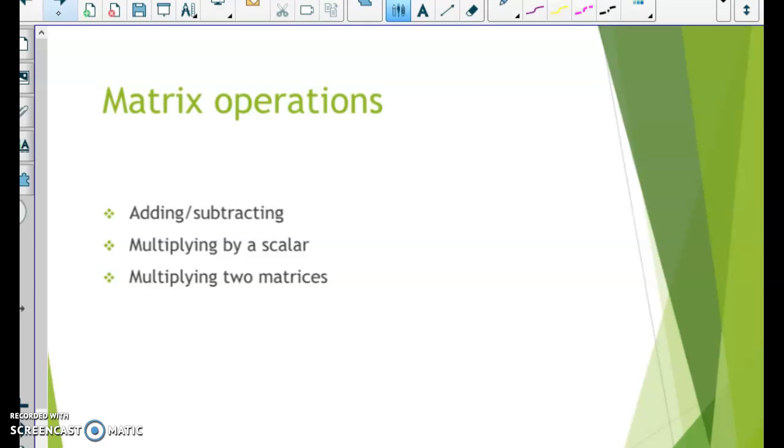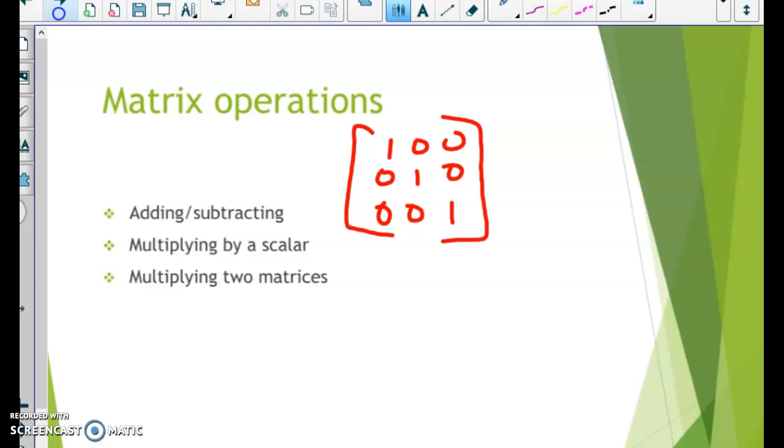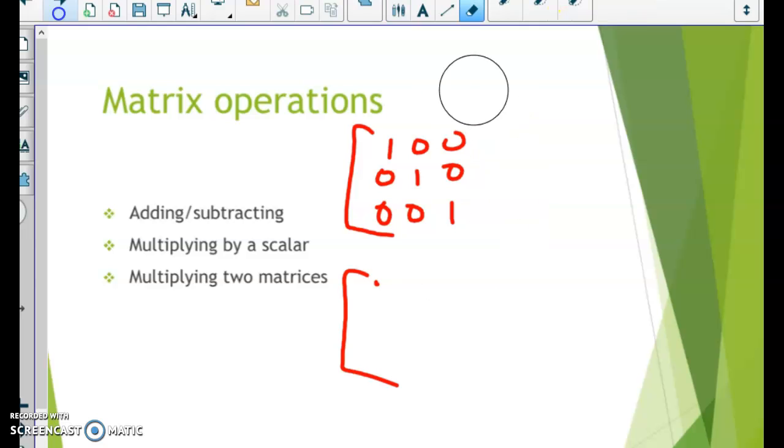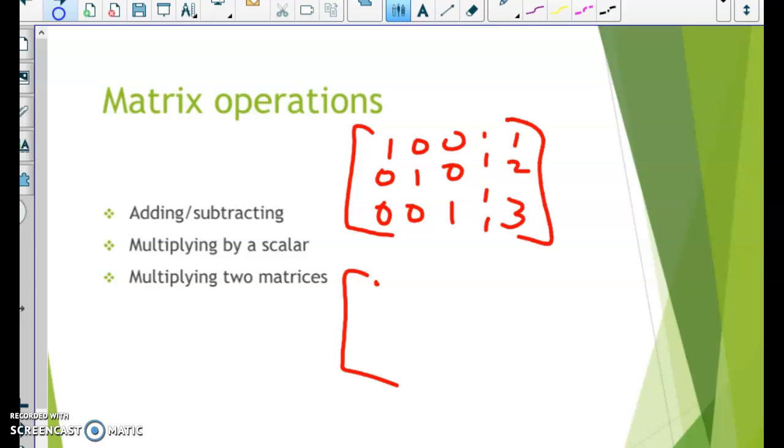Matrix operations: know how to write 1, 0, 0, 0, 1, 0, 0, 0, 1. That's the identity matrix. Know how to multiply. Know how to do row operations to get something in that form.